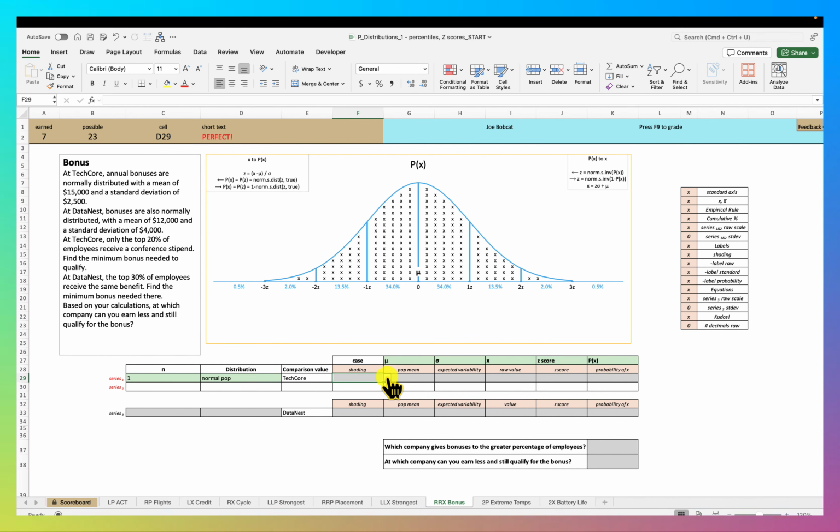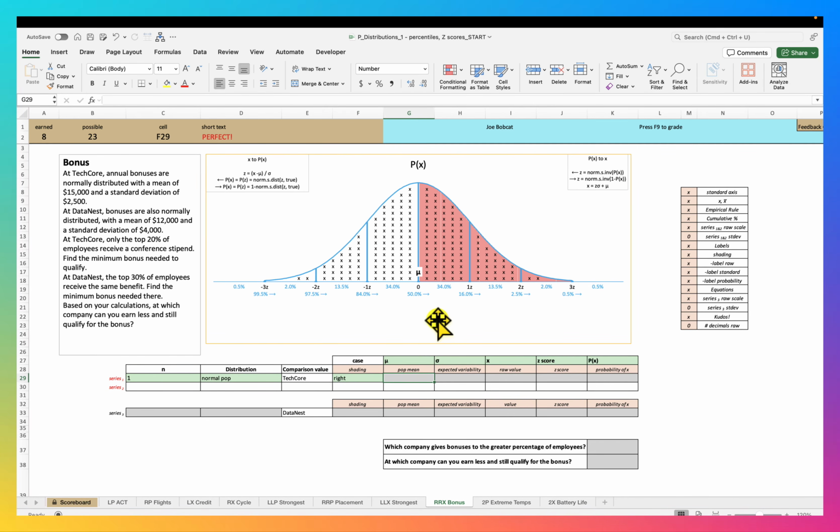All right, the shading is going to be to the right, because we want to know which company you can earn less and still qualify for the bonus, because the bonus goes to the people on the right of the distribution.